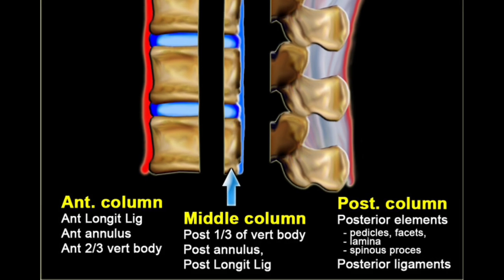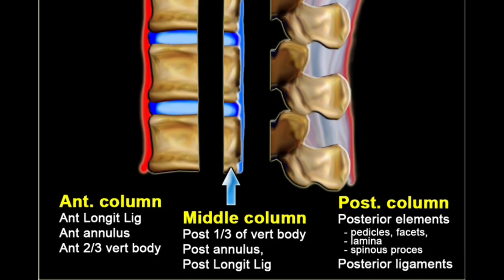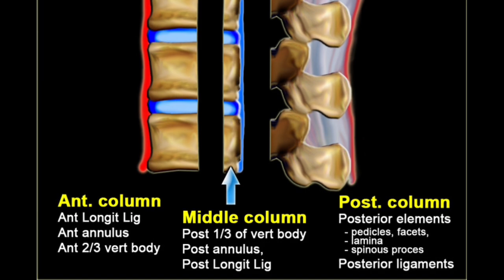The middle column consists of the posterior half of the vertebral body, posterior annulus fibrosus, and the posterior longitudinal ligament. The posterior column consists of the pedicles, laminae, facets, spinous processes, and the associated ligaments, namely supraspinous ligament, interspinous ligament, and ligamentum flavum.